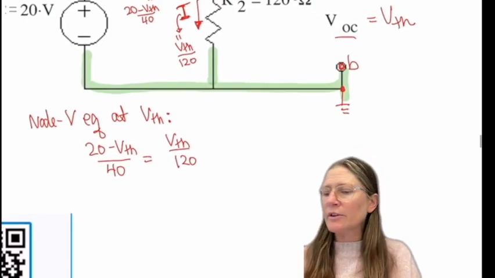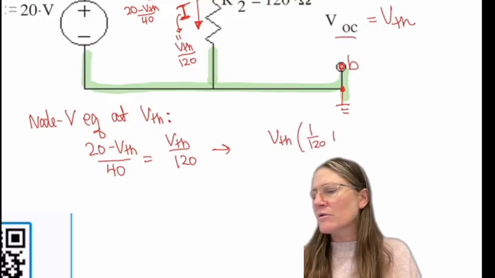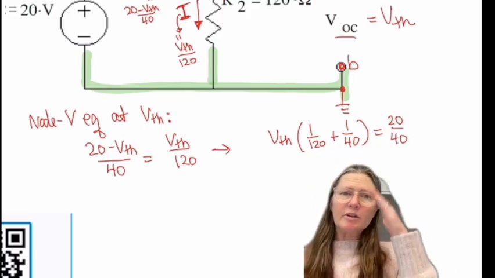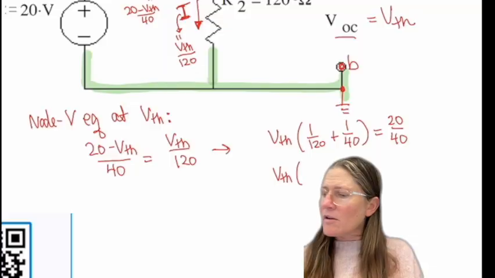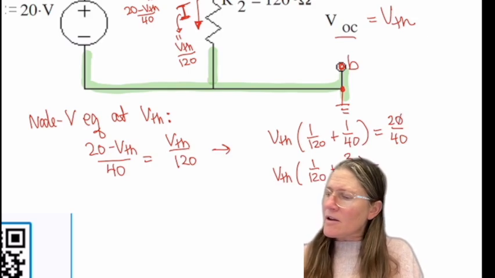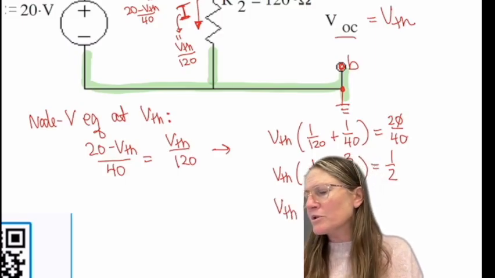And then we can solve this for VTH. So I just took the negative VTH over to the other side. 40 goes into 120 3 times? And then this becomes 1/2, 4 over 120.